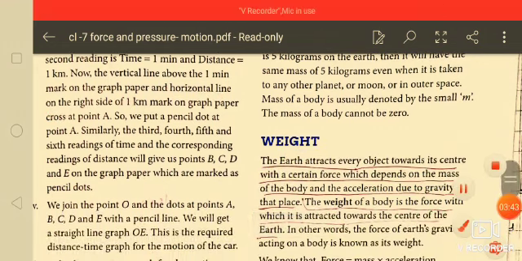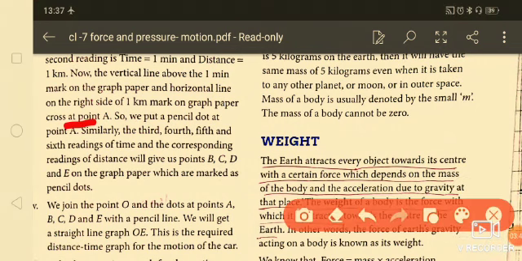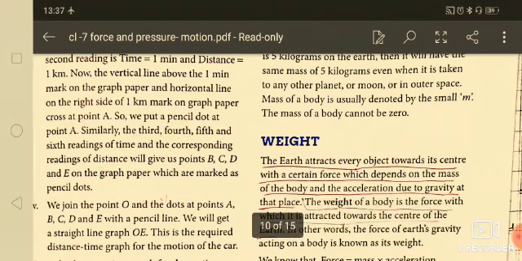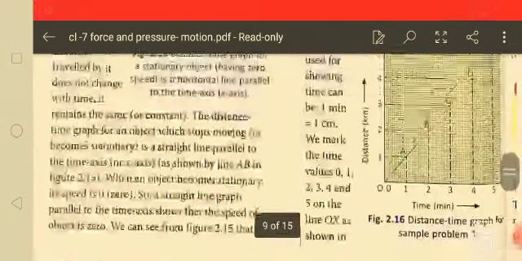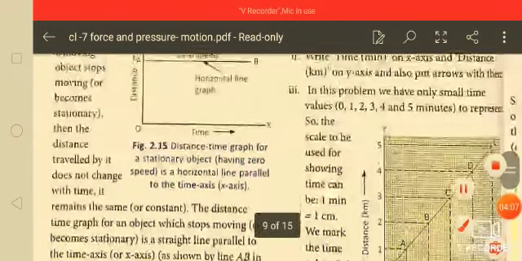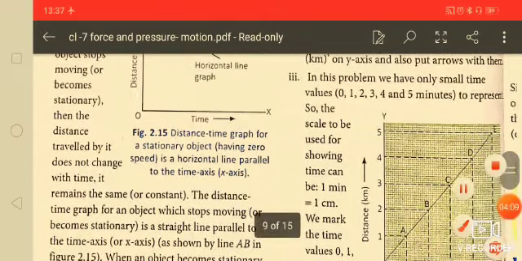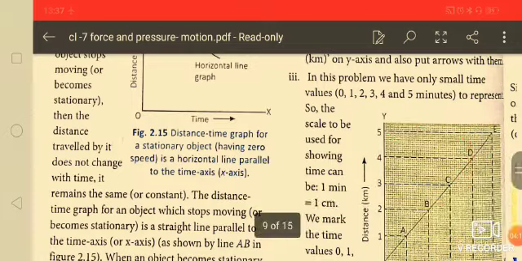They cross at point A, so we put a pencil dot at point A. Similarly, you will find the third, fourth, fifth and sixth readings and the corresponding distance readings, which give B, C, D and E on the graph paper, marked as pencil dots. You can see it in the given diagram.